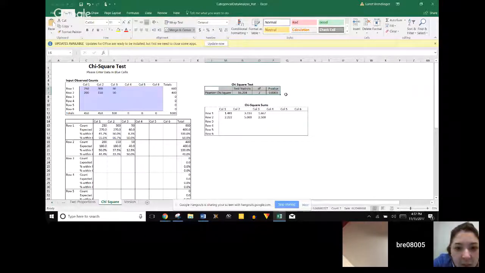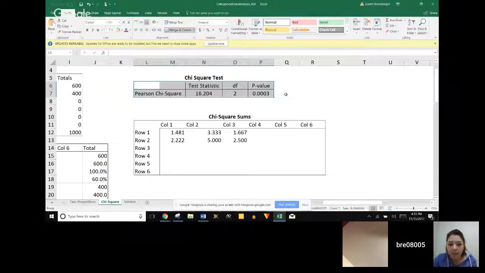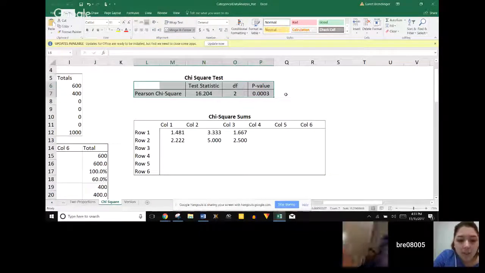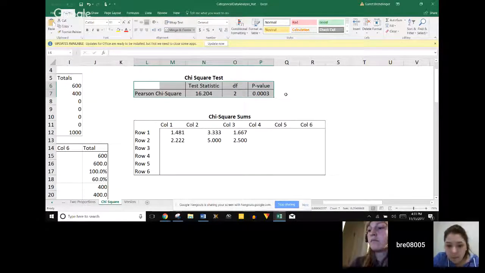Okay, let's see. What is it saying? Oh, 16.204? Mm-hmm. Okay. 16.204. And then your p-value says 0.0003. 3 zeros and then a 3?